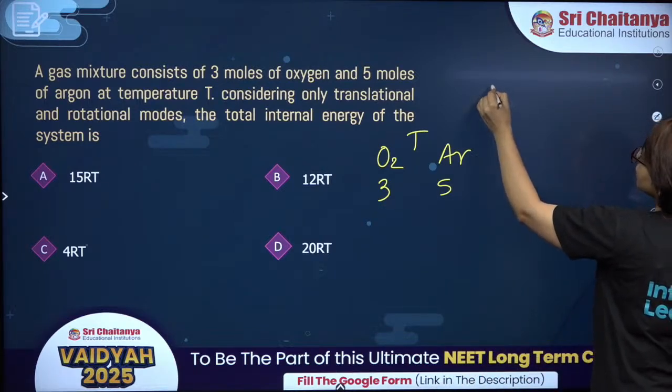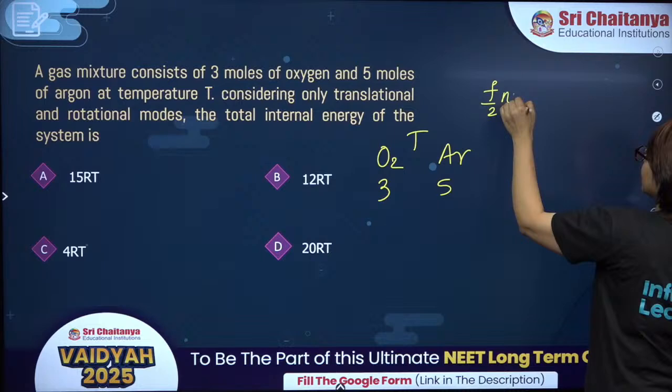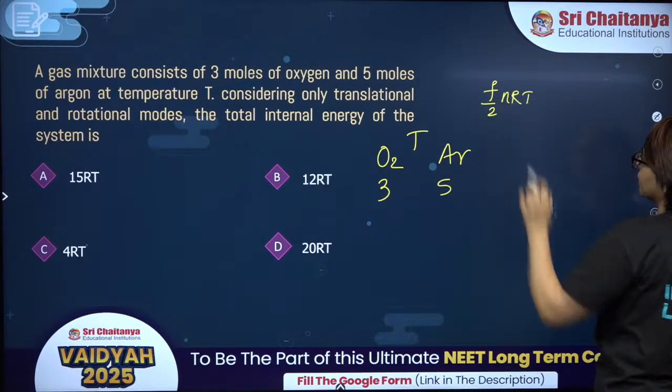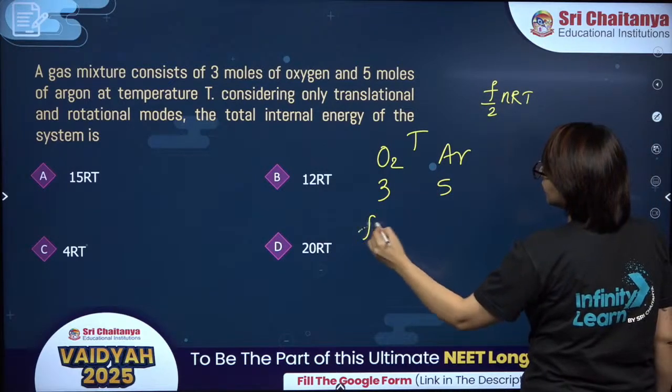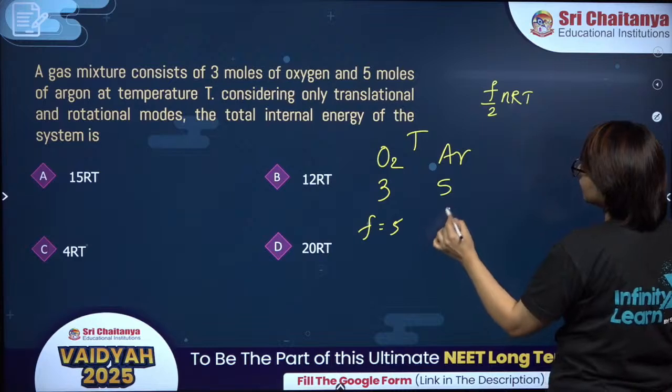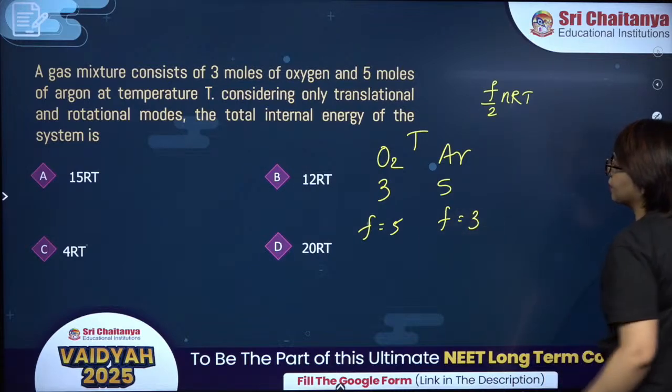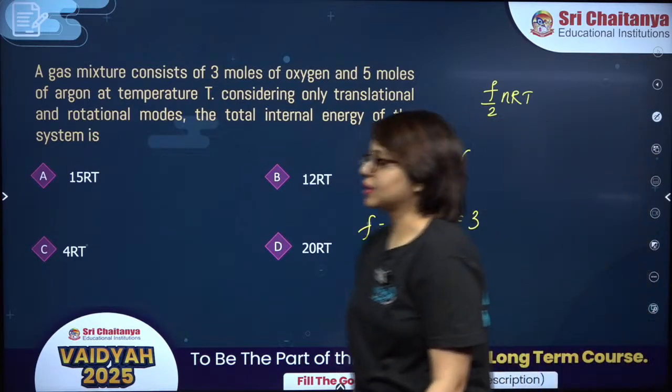So internal energy of the system is F by 2 nRT. F is the degree of freedom. For diatomic gas, degree of freedom is 5. For monoatomic gas, degree of freedom is 3. Okay, excluding vibrational modes.